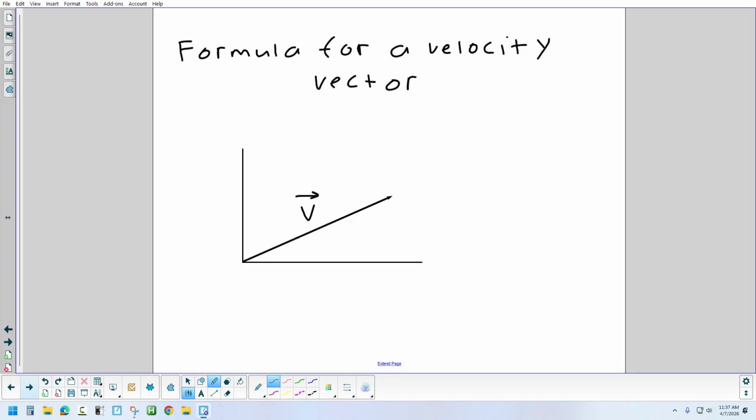All right, so here's an example of a vector. And this would be the angle that they give you. The angle that they tell you is always going to be the angle that the object makes with the ground. So if they say an object was thrown at a 30-degree angle, that means it was thrown up from the ground at 30 degrees.